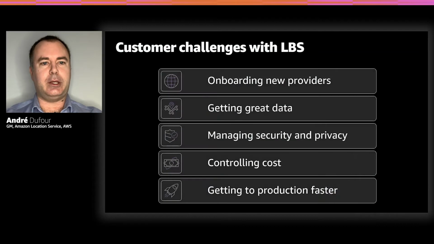So first, the challenges. One of the difficulties that customers have told me about when they're working with LBSs and onboarding new providers is this notion of adding new providers to their ecosystem.